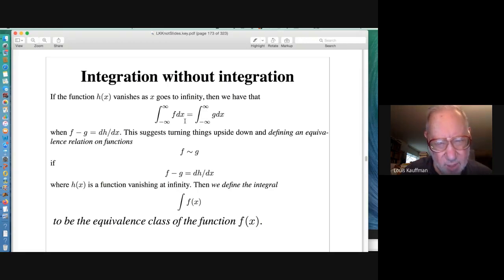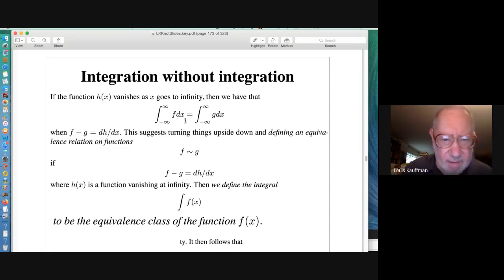And when I'm doing these things in a few minutes, you'll see that really the only thing I'm doing is integration by parts. I'm saying that if I have two functions and their difference is a derivative, then the integrals that I'm using will be equal, because I'm assuming things vanish or go to zero out there at infinity.